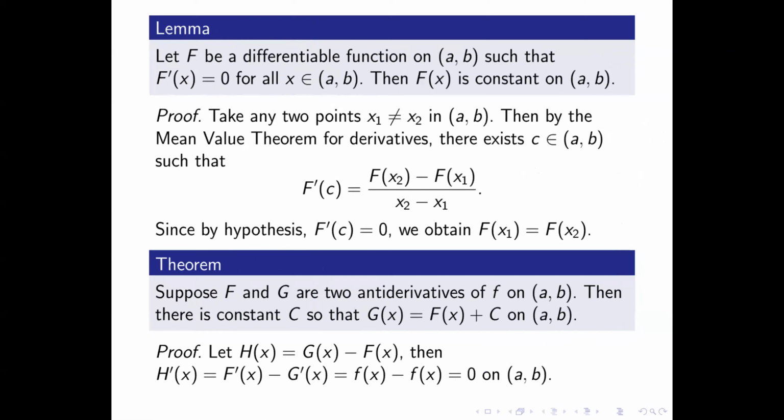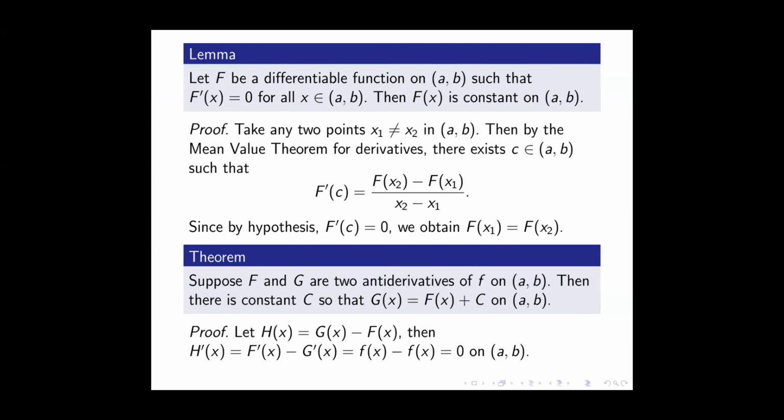Then the derivative of H is, I'm sorry, there is a typo here, I think. These two have to switch, right? This guy and this guy have to switch. So H prime is G prime minus F prime. And since they're antiderivatives of the same function f, H prime is 0.